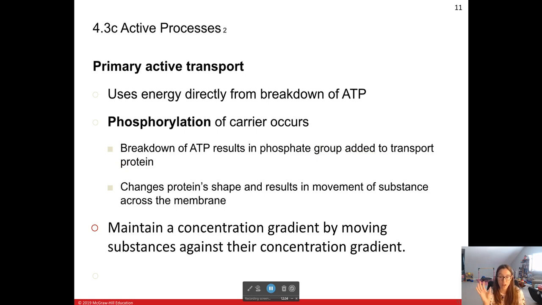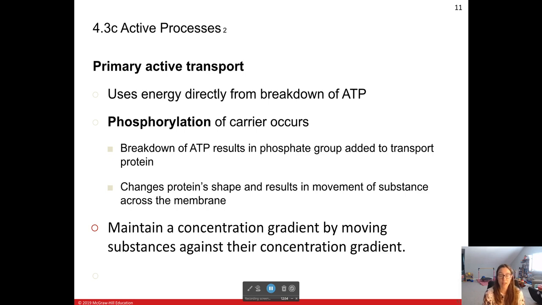Remember that when something binds to a protein, it can cause the shape to change, and the shape is really important for the function. So when that phosphate binds to the transport protein, it changes the shape of the protein and causes the pump to work.